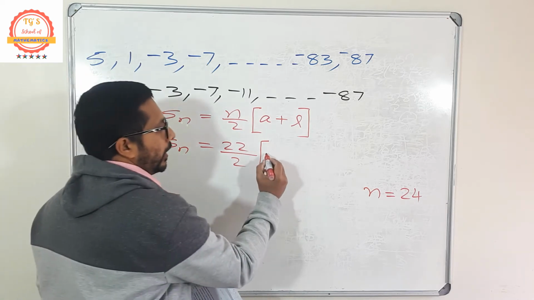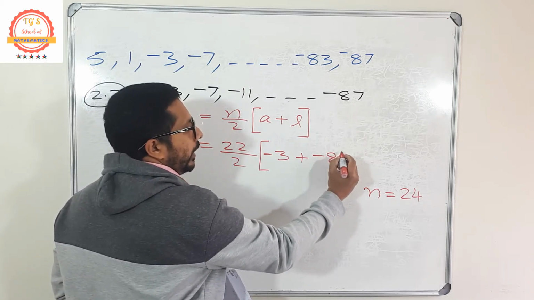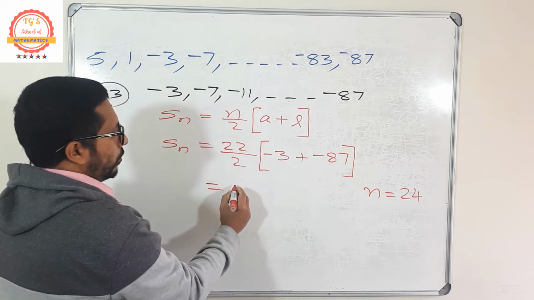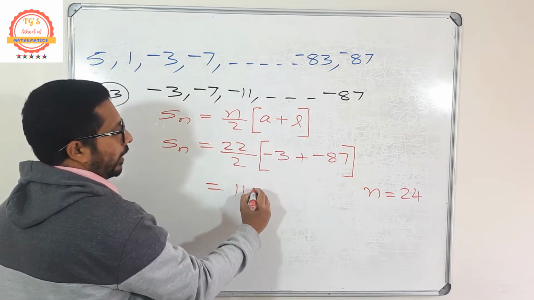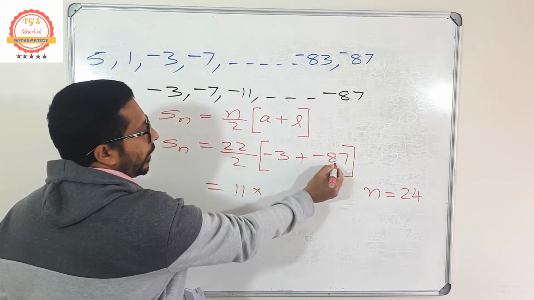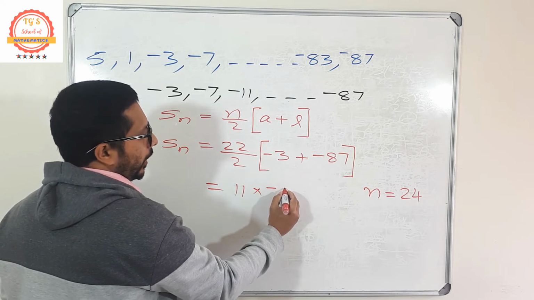So it is minus 3 plus, what is the last term? Minus 87. So 22 divided by 2 is 11 times minus 3 plus minus 87. Plus minus is minus, so minus 3 minus 87 is minus 90, you can check in your calculator.